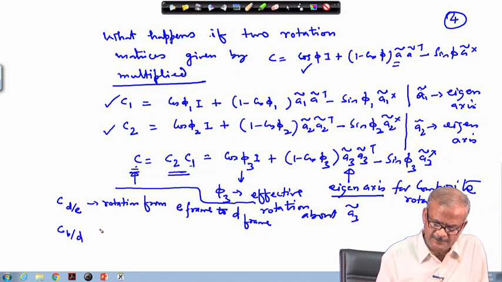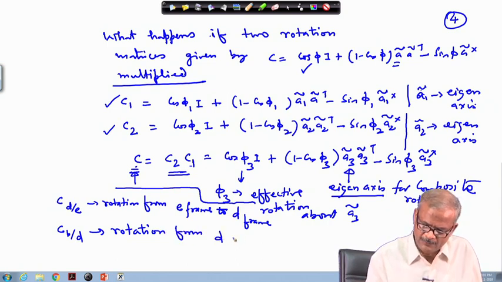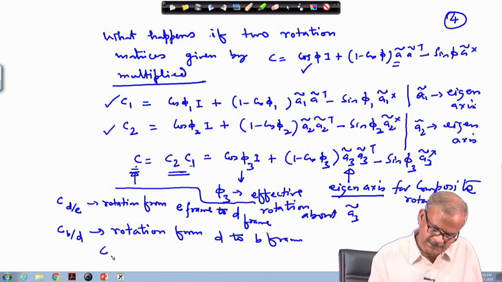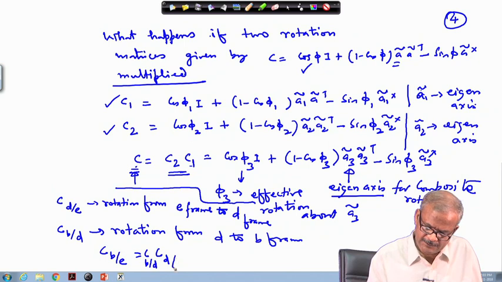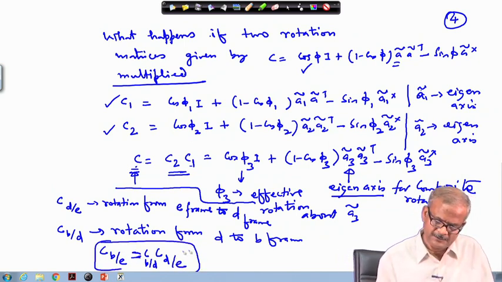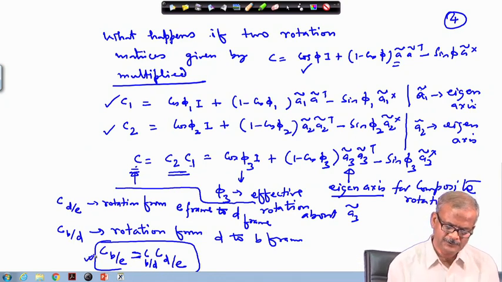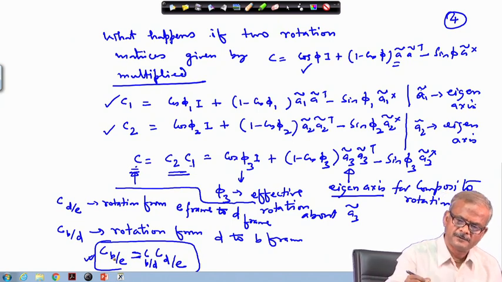So, D is the intermediate frame. D to B frame, meaning C B E, we can write as C B D times C D E, and this must satisfy all the properties that we have proved earlier for this to be a rotation matrix.